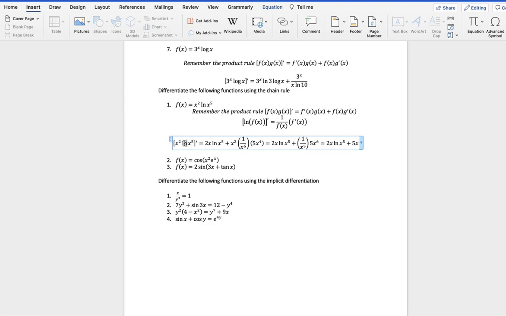You take the derivative of the outside function, ln, which gives you 1 over x to the 5, multiplied by the derivative of the inside function, x to the 5, which is 5 times x to the 4, which is what we have here.